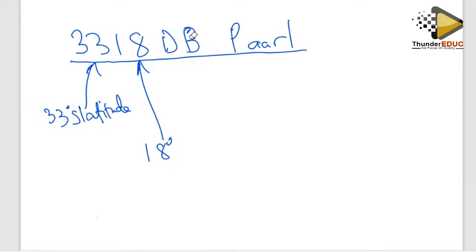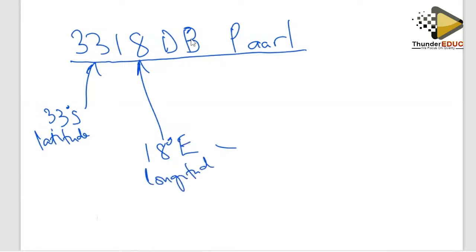Always remember, when we are giving coordinates, we also indicate the direction. It's 33 degrees to the south, which is for latitude. And then we come to our 18. Our 18 is for east, 18 degrees to the east, which is representing longitude.